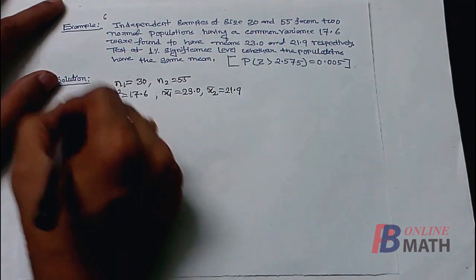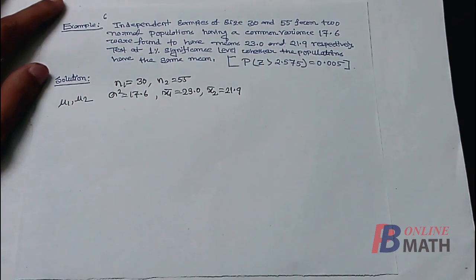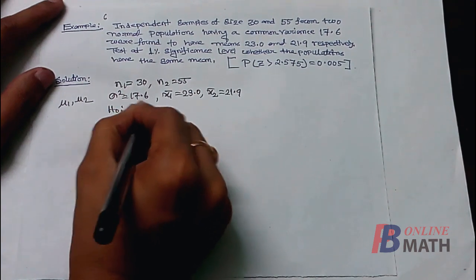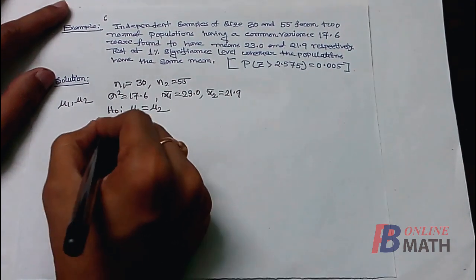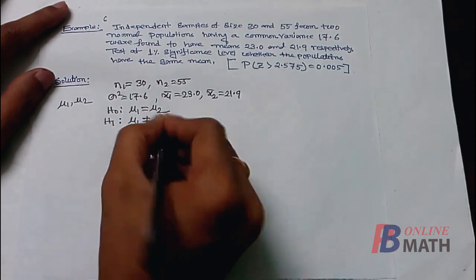We assume that mu1 and mu2 are the means of the populations. So we have to test the null hypothesis, mu1 equal to mu2, against the alternative hypothesis, mu1 not equal to mu2.